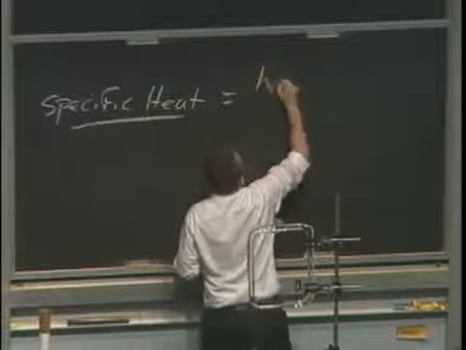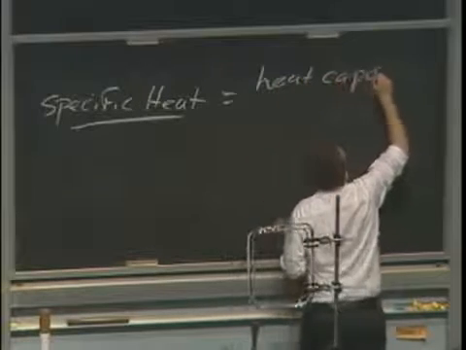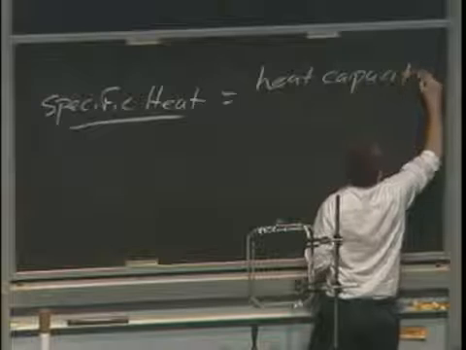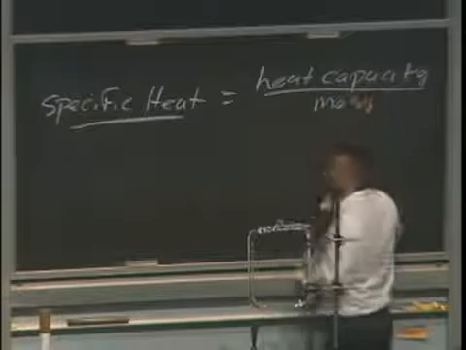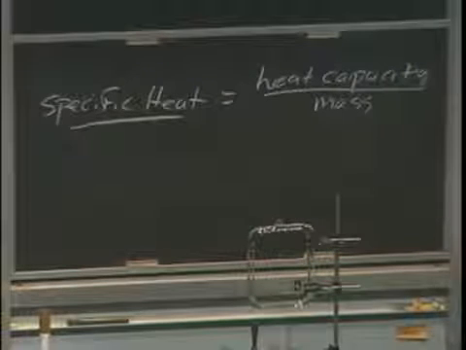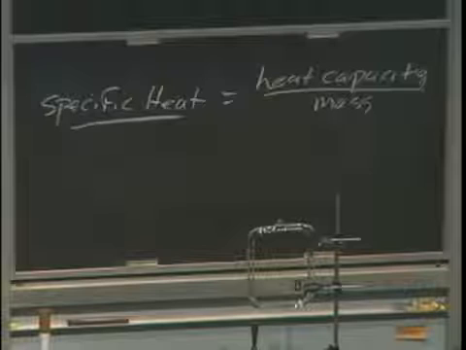That's just the heat capacity for a given object divided by its mass. Okay? And so this takes into account just the difference between materials, so not the mass of the object.